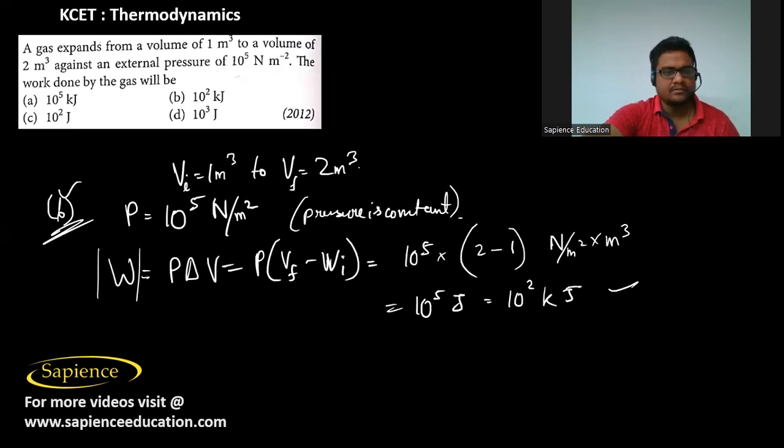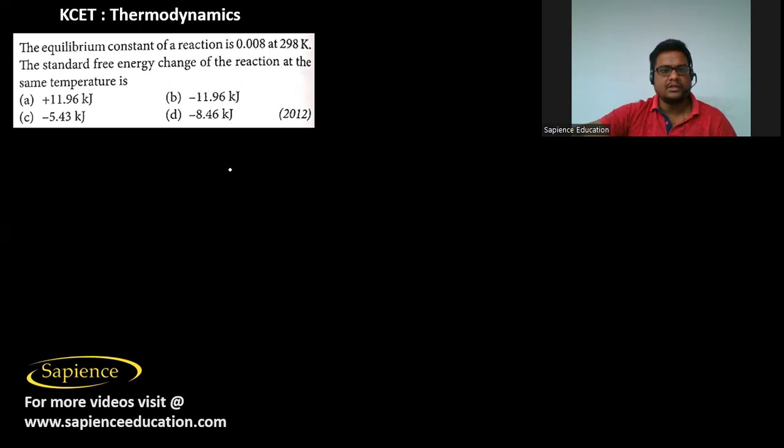Then it is told that the equilibrium constant of a reaction is 0.008 at 298 Kelvin. Then the standard free energy change of the reaction at the same temperature is.